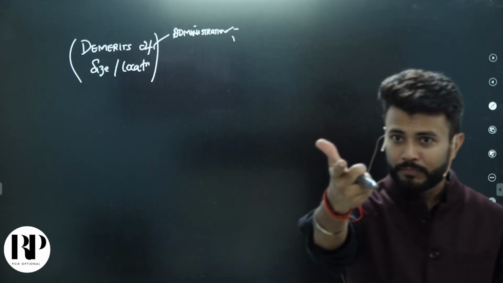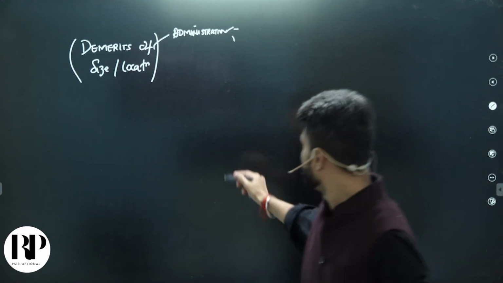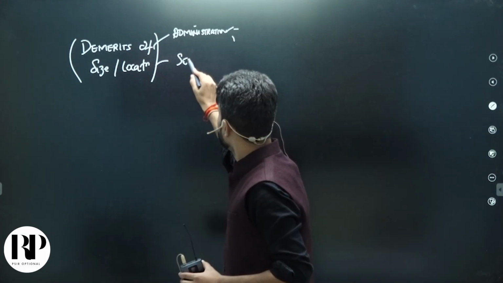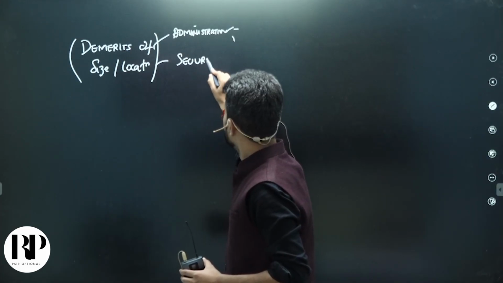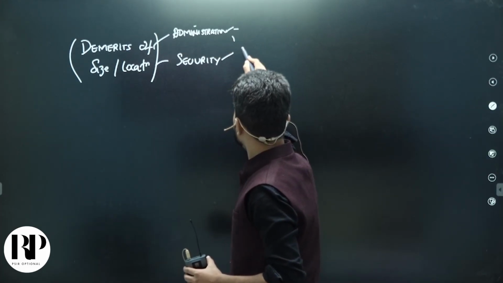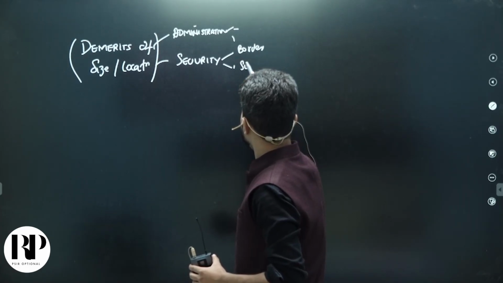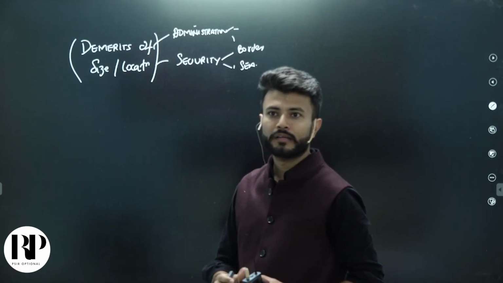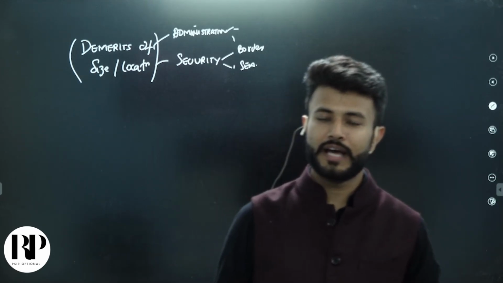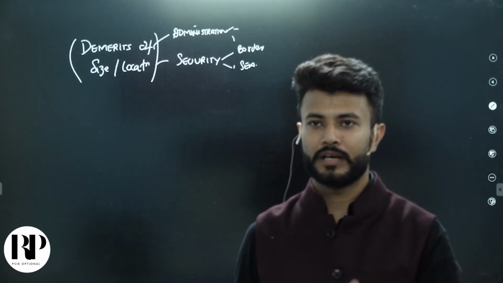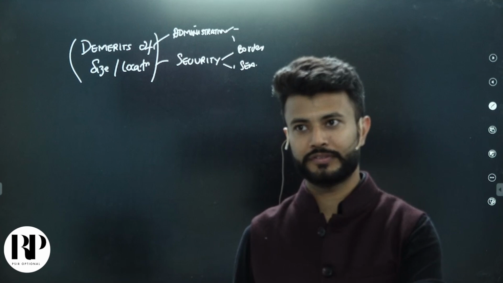Because someone wrote the point, difficult border from the security angle. So you have large borders. So obviously land borders as well as the sea borders. Right? So we have Hurriyats, we have Kasabs, land borders as well as the sea borders.